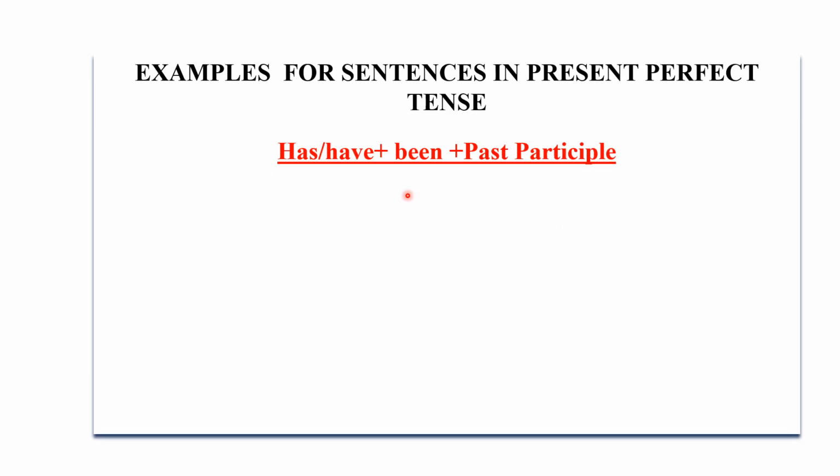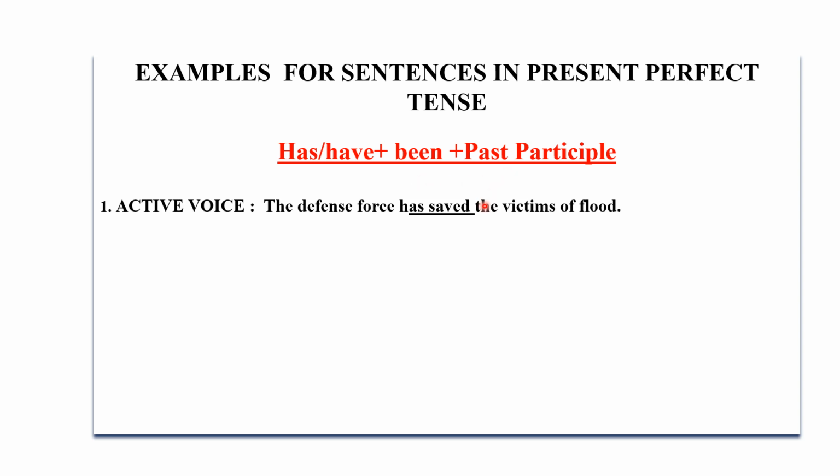Examples for sentences in present perfect tense. Now, the present perfect tense helping verbs are has, have, and previously we have discussed the usage of been: has been, have been, plus the past participle form. Here is the example. The defense force has saved the victims of flood.